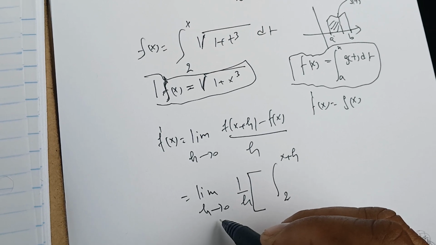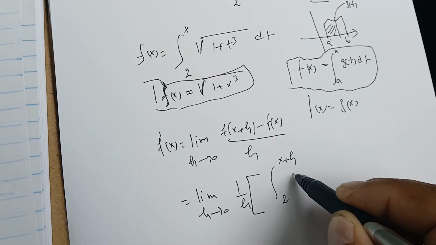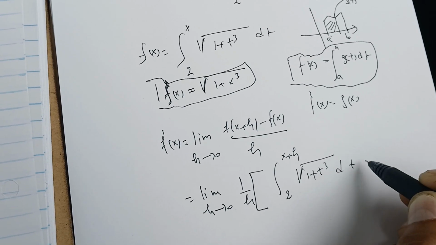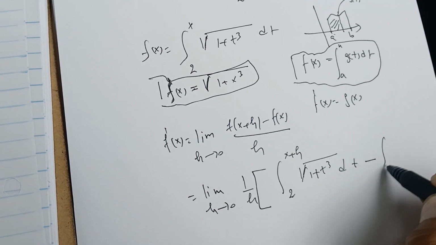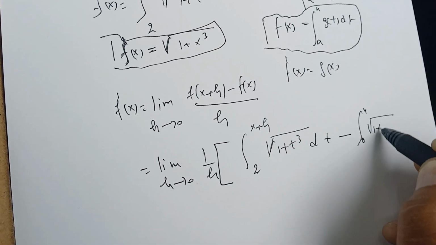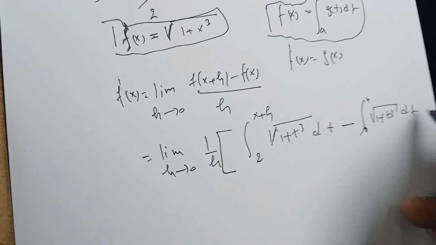The integral of the square root of 1 plus t cubed dt, minus f of x, which is the integral between 2 and x of the square root of 1 plus t cubed dt.